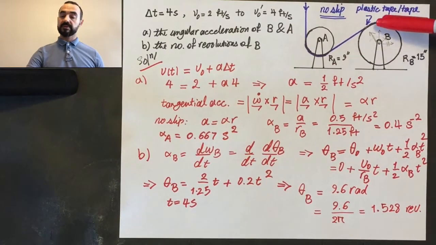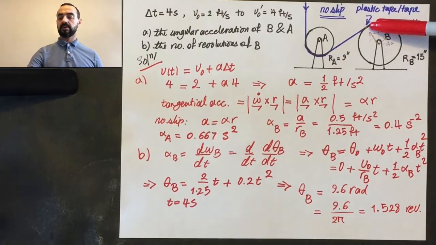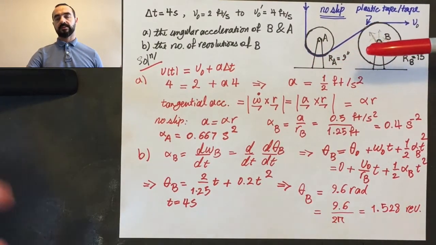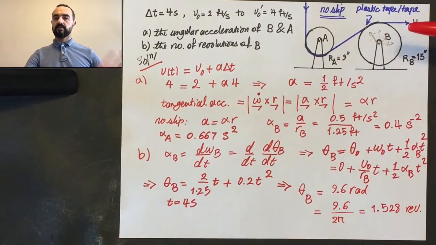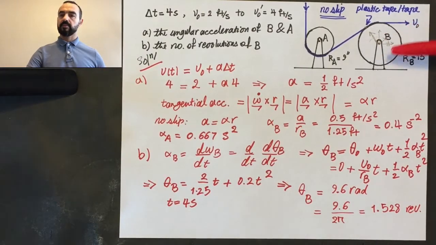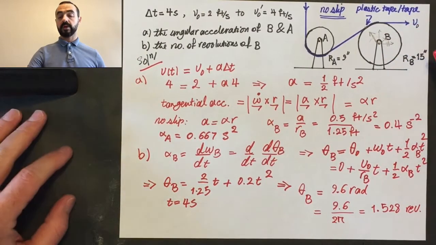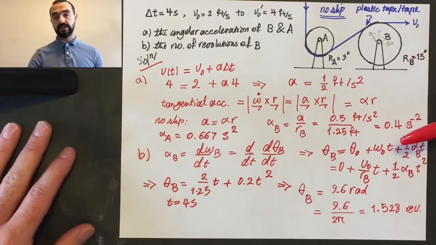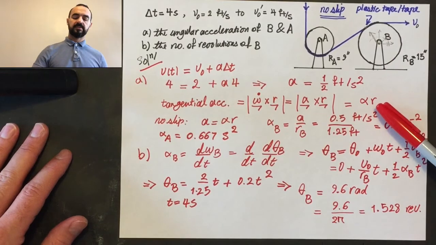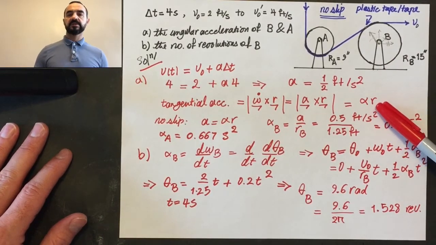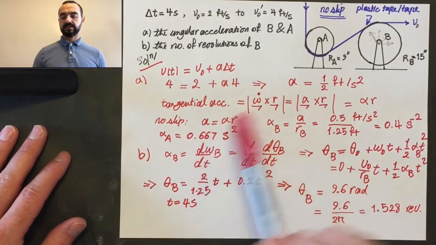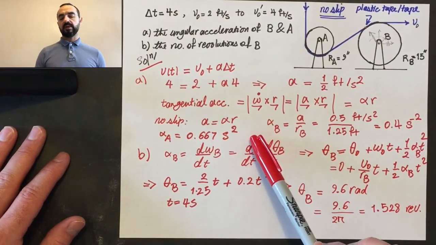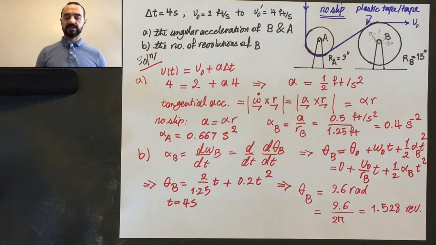We know that we have no slip condition, so at any point on this tape, when it's in contact with the wheel, you can assume that the velocity and acceleration of the tape and wheel are the same. We use that, the tangential acceleration and velocity of the wheel. So we set the tangential component of acceleration of the wheel equal to the acceleration of the tape at this point. And from that, we computed angular acceleration.